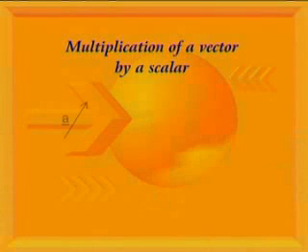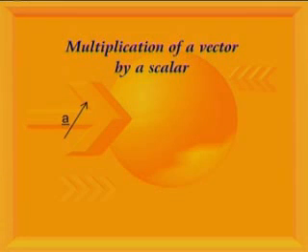Multiplications. In vectors there are three types of multiplication. The very first one is multiplication of a vector by a scalar. If we multiply a vector by a scalar, then it has the same direction as the original vector, but the magnitude is the scalar times the magnitude of the original vector. Let us see.